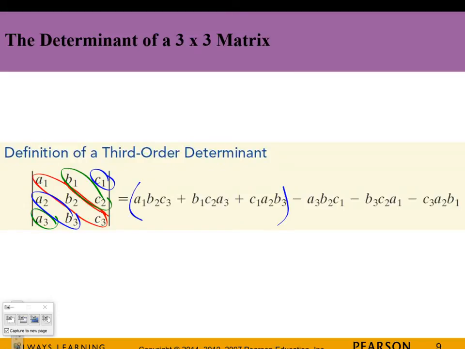And that's the same thing, negative, right? No, because like A3, B2, C1. It's not the inverse because the front one's A1 and B2. A3, B2, C1.